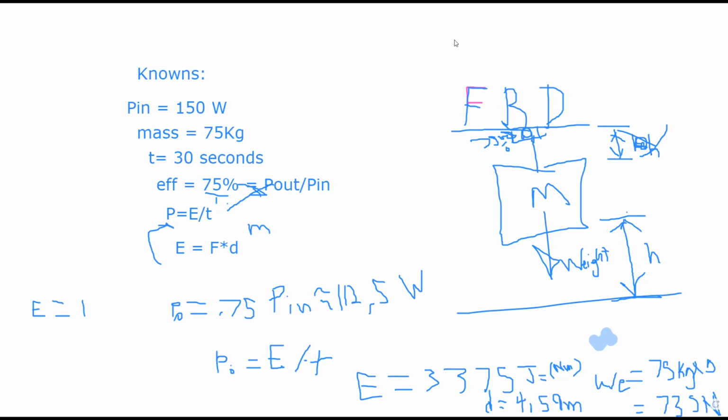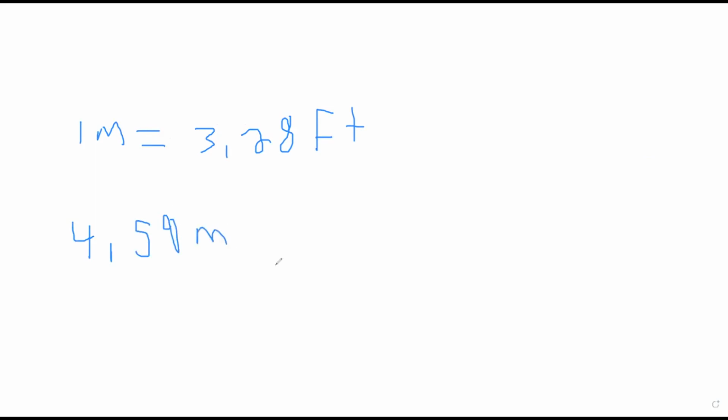So we have 1 meter is equal to 3.28 feet. All right, and we got 4.59 meters, and we want to convert that to feet.